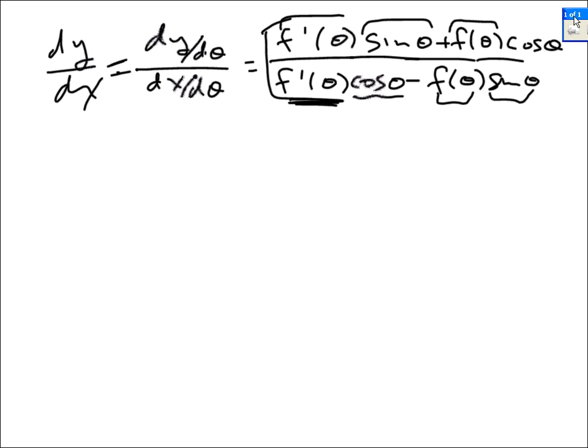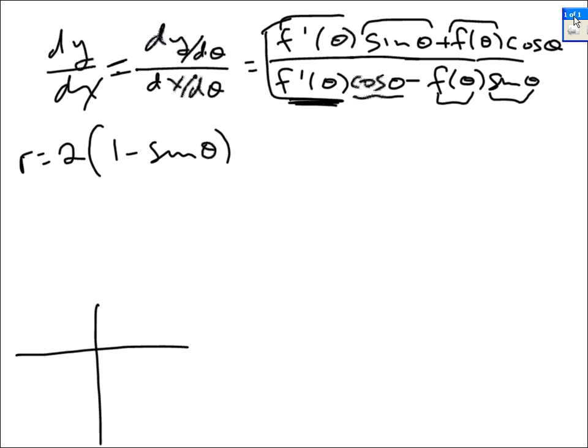Okay, what if they were to ask you to do the same problem and they tell you that r is 2 times 1 minus sine theta, and they give you the graph again. Graph looks something like that, and they want you to find the slope of the tangent line at 2, 0, and at 4, 3 pi over 2.